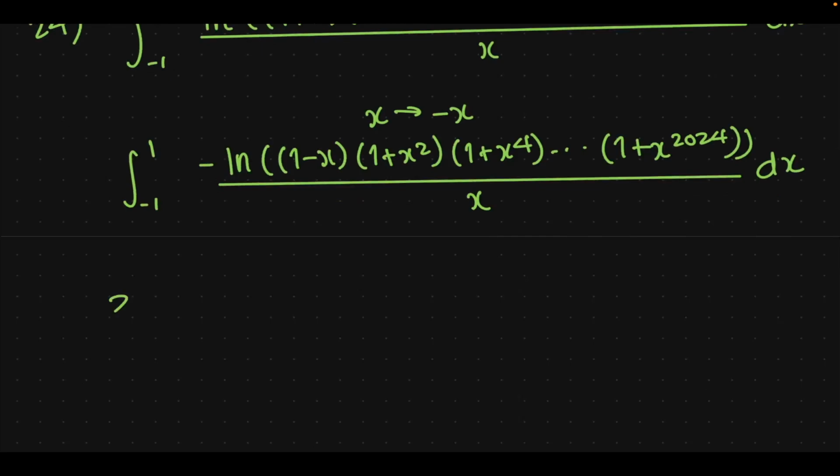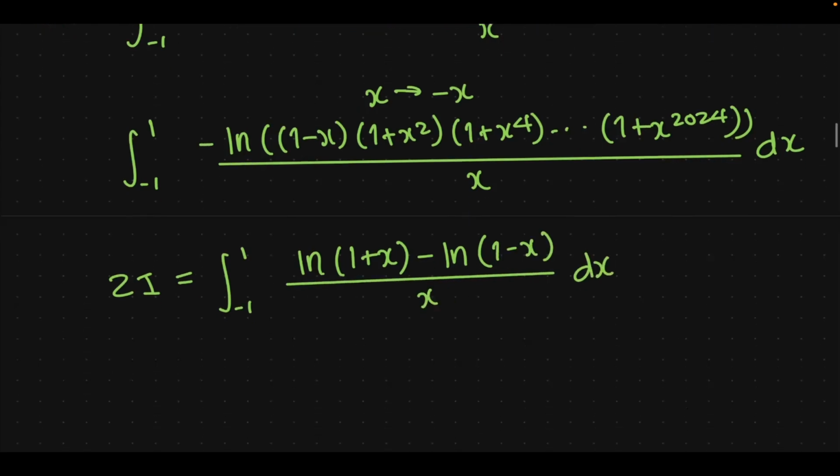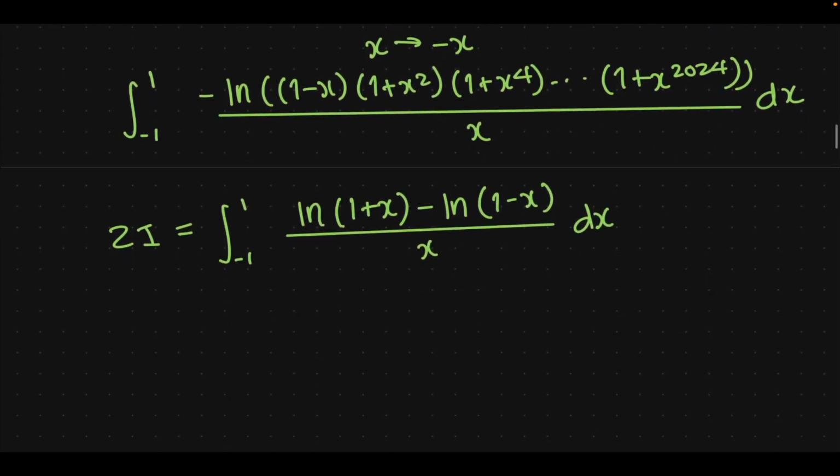We can add both of them together. So notice the terms that are in common will cancel each other. So we have ln of 1 plus x minus ln 1 minus x divided by x dx. And now we can actually write the second integral nicely.